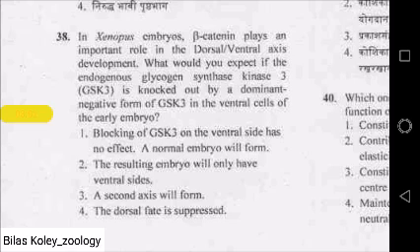And the options are: blocking of GSK3 on the ventral side has no effect, a normal embryo will form; the resulting embryo will only have ventral sides; a second axis will form and the dorsal fate is suppressed. In this question, the right option is option 3.